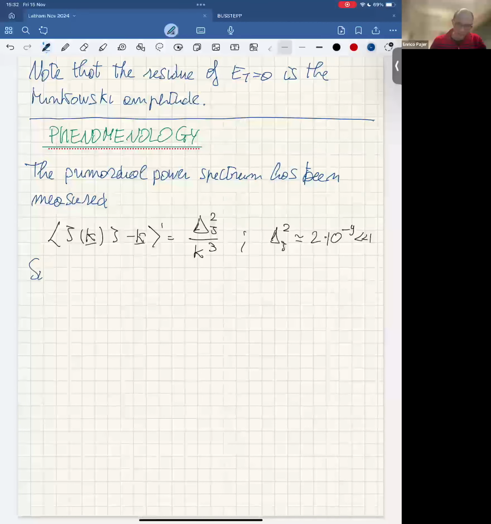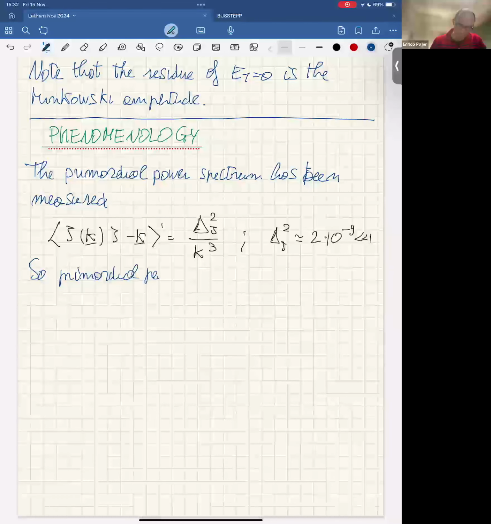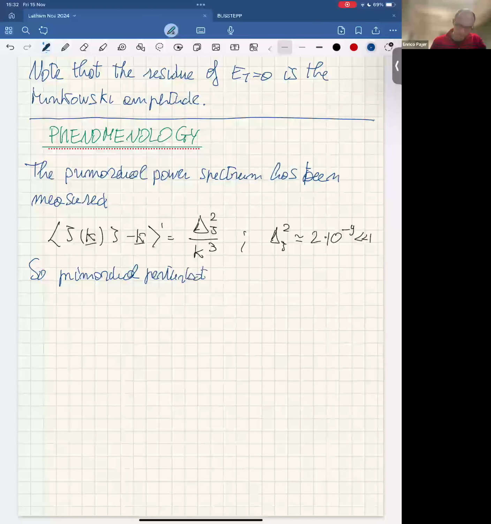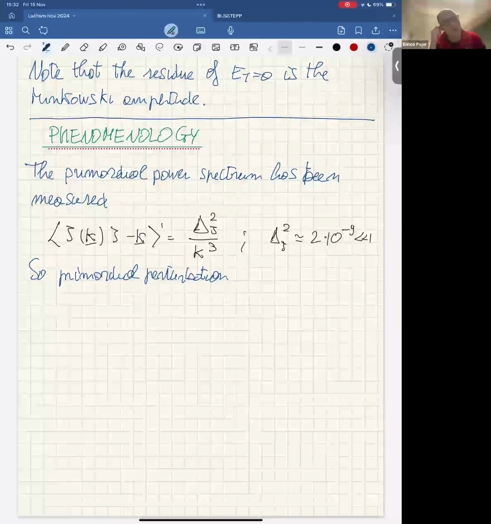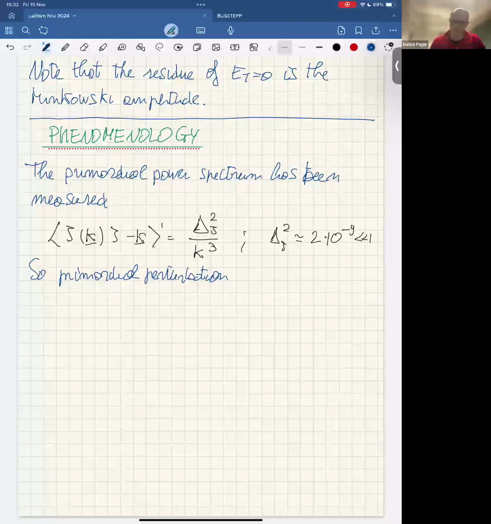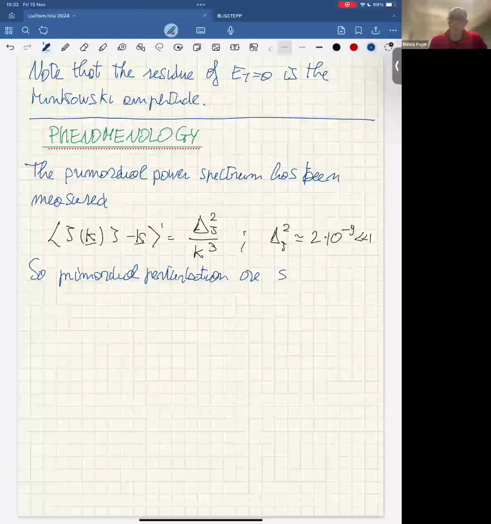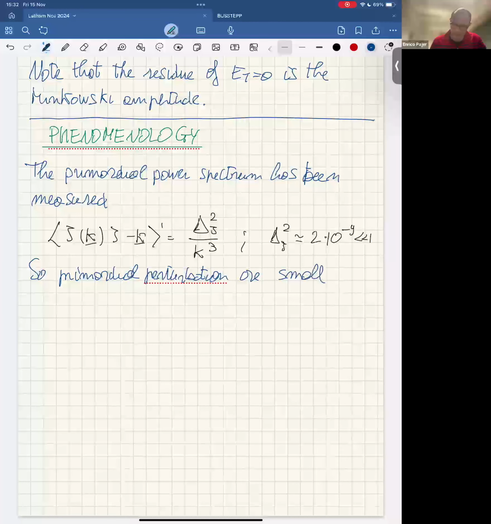Okay, so primordial perturbations, meaning how much our universe is different from a perfectly homogeneous and isotropic universe at the very early on, are small. So it means the universe was very close to being exactly the same everywhere in all directions.